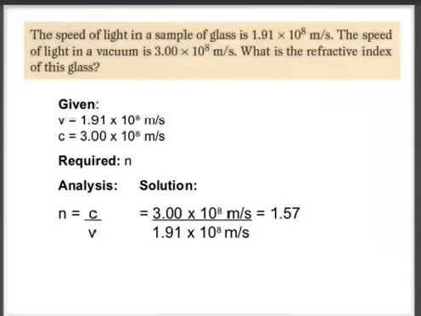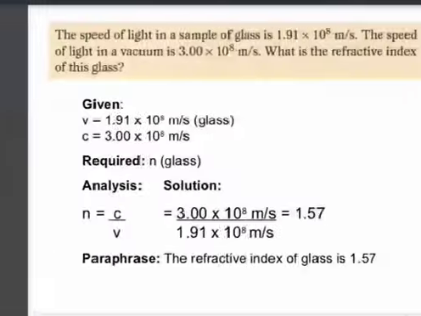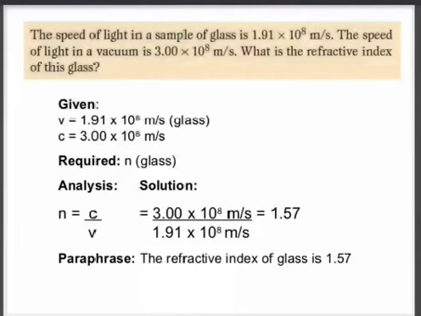You remove the decimal by multiplying by 100, you get 300 by 191. You do long division, you get the answer as 1.57. Remember, there is no unit. Reason being, it is the ratio of the same quantity. So the answer is 1.57.